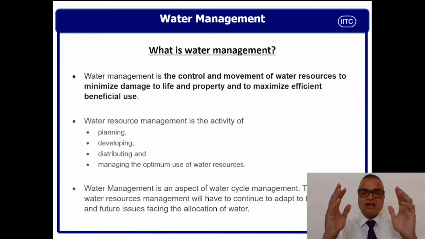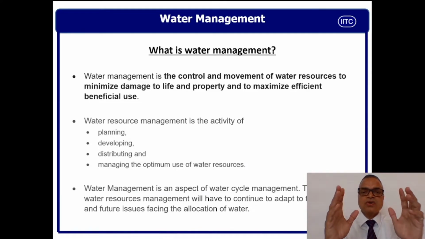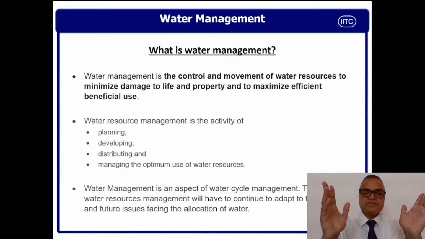This is the absolutely correct definition of water management. To summarize, water management is to control and move the water resources to the beneficial users, so that we can minimize the damage to life and property and maximize the efficient use of water. Correct?